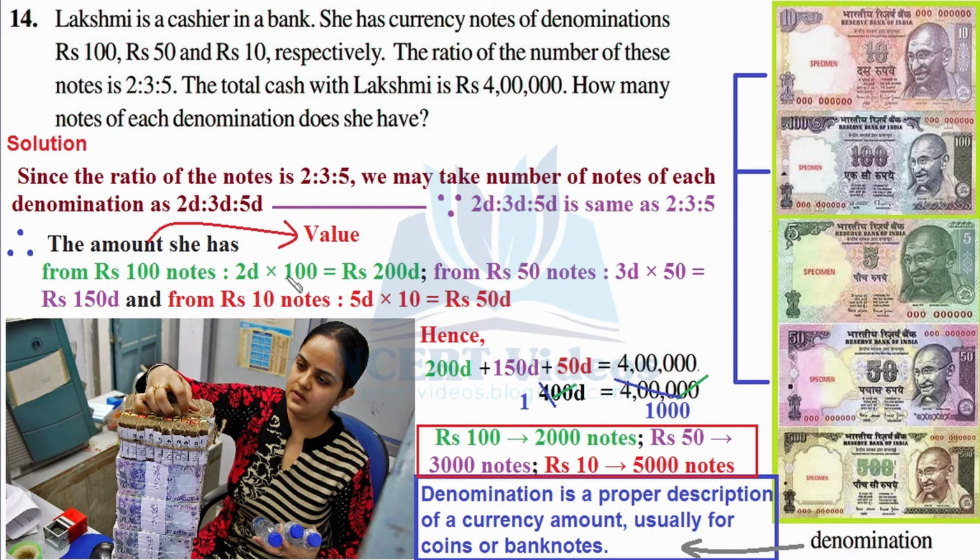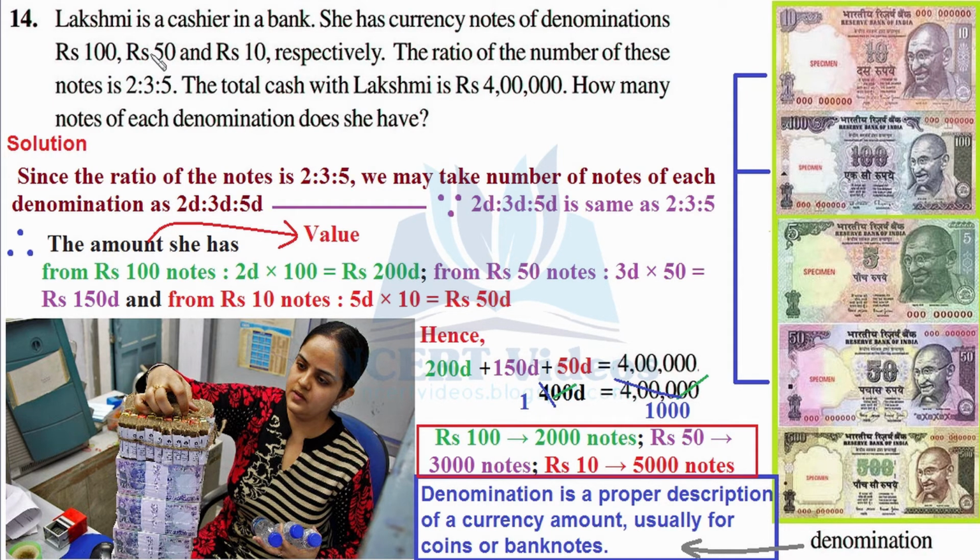So 2D multiplied by 100, because respectively is given to us, so we have to take them in order. When you multiply it, it is rupees, because it is the value which we have attained by multiplying it with 100. So 100 into 2 is 200 into D is 200D, because we need not write multiplication between a variable and a constant.